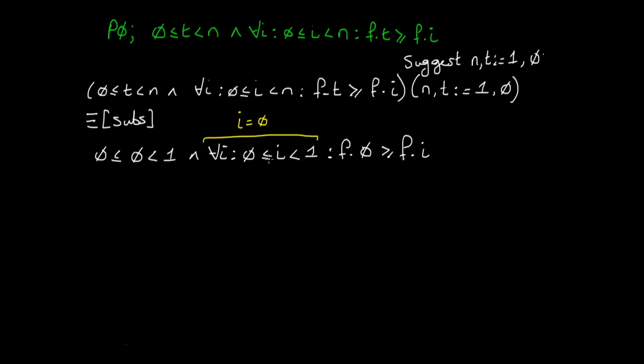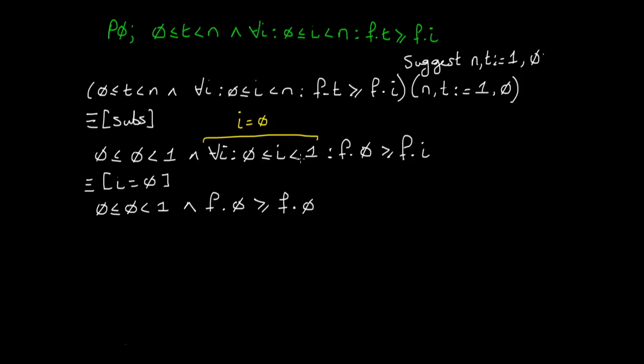Now because that's the case, all of this now becomes very easy to simplify, because we can say that I is effectively equal to 0, so therefore all of this piece, the for all I greater than or equal to 0, less than 1, f dot 0 greater than or equal to f dot I, simply becomes f dot 0 greater than or equal to f dot 0.